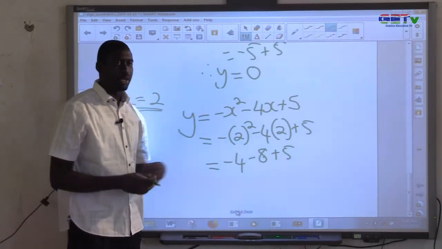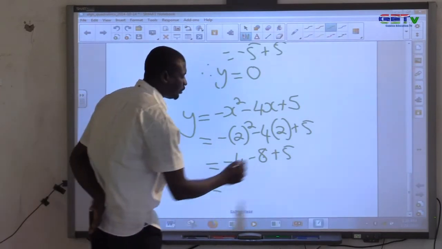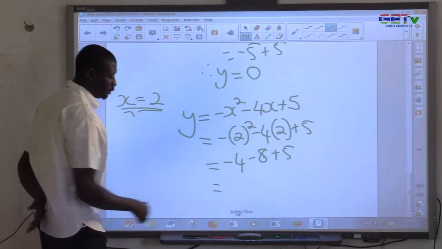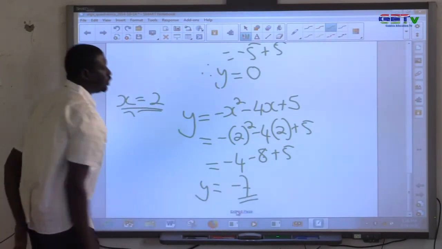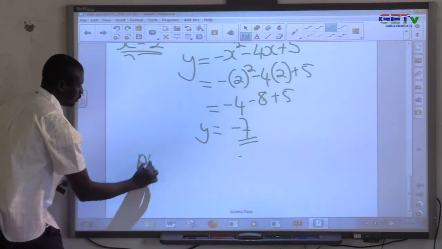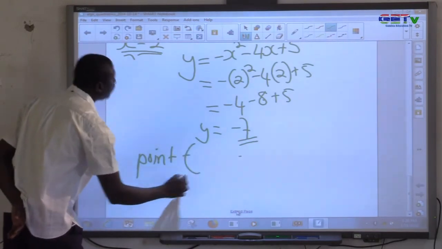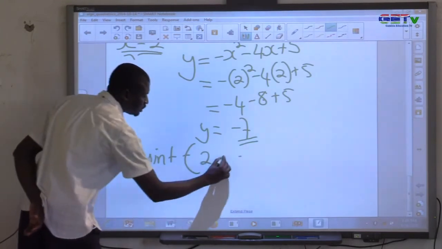Negative 12 plus 5 will give us negative 7. So the coordinate of this point, the extra point, will be when x is 2, y is negative 7.